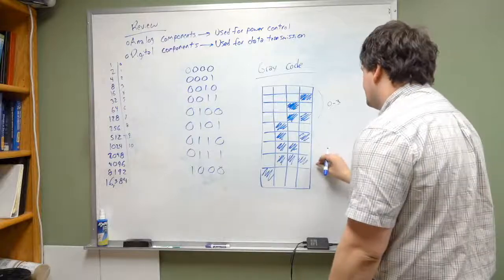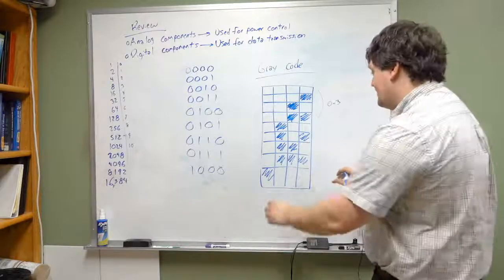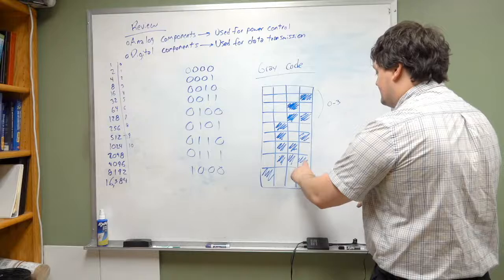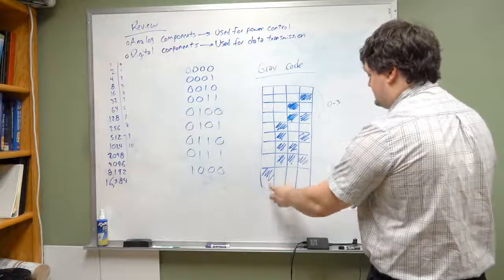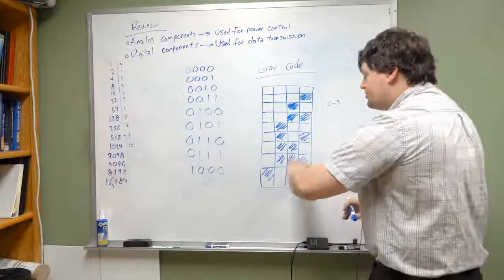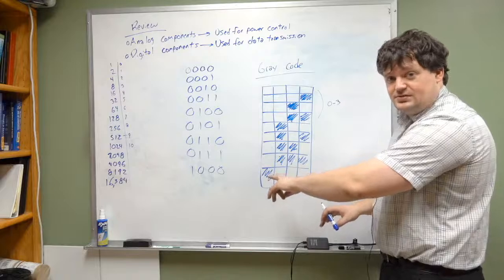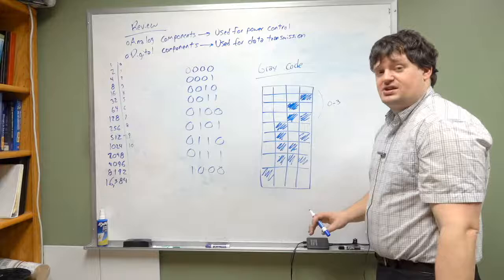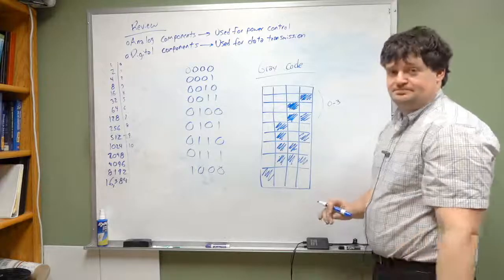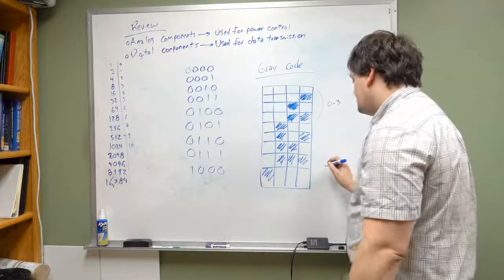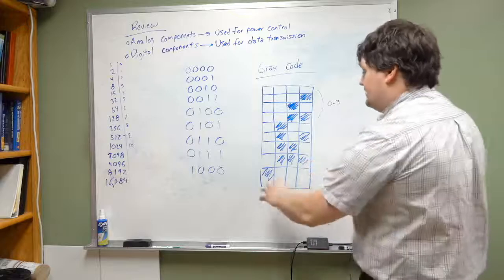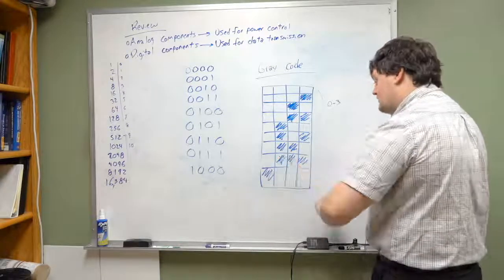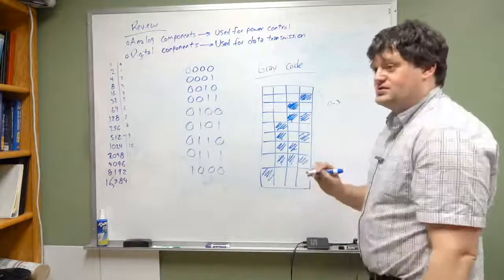Okay? So in this system here, this is 7 transitioning to 8. If all 3 of these stay on when this one is turned on, the number changes to 15. Okay? If this one turns off and all of these turn off, the number goes to 0.